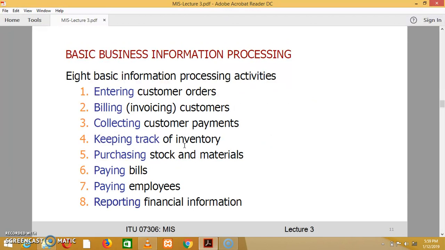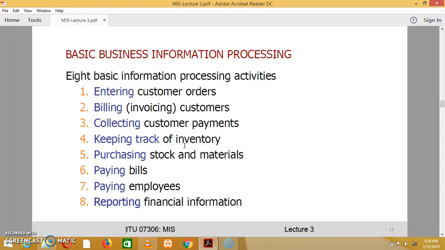This is a very important thing that we have to understand. We have the basic information that we should process in a business. Very basic business information is to be processed within any organization, such as interlinked customer orders.